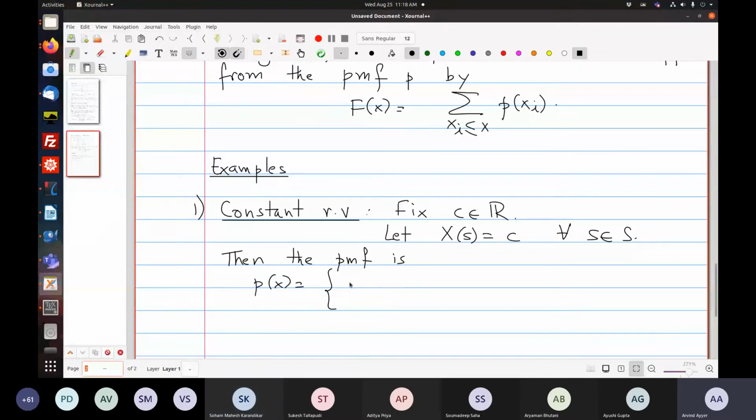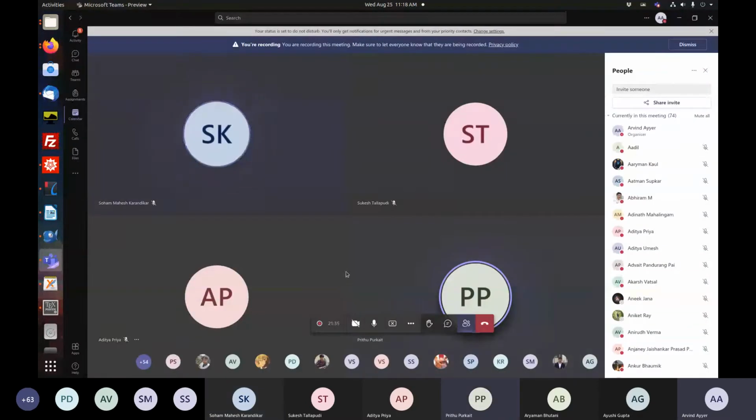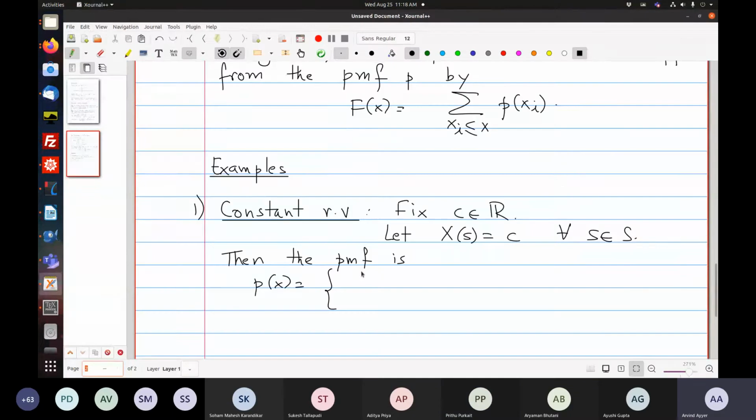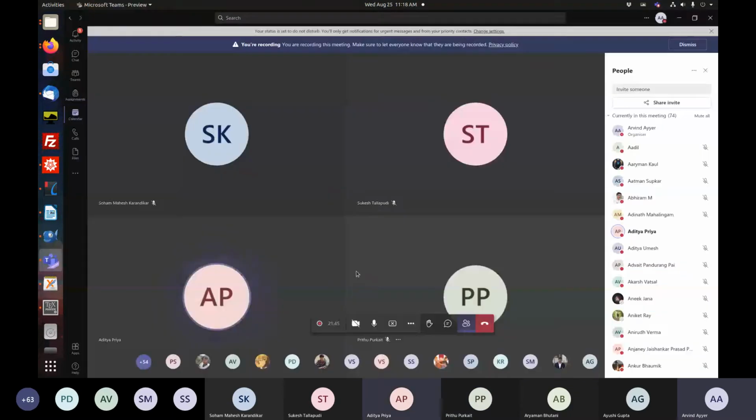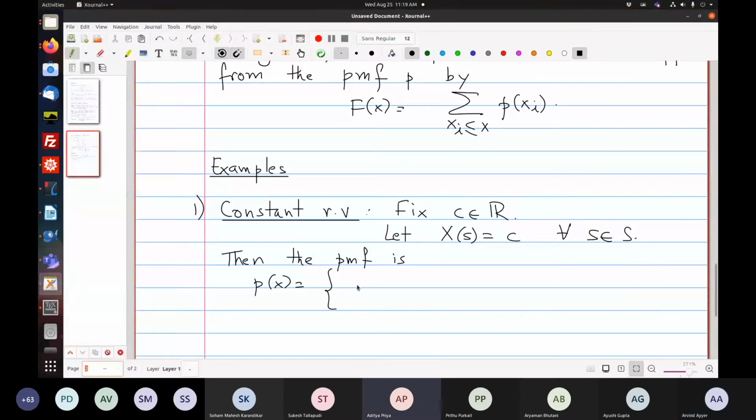It will be the Dirac delta at C. Yeah, but Dirac delta is not a well-defined function. No, it's not the Dirac delta. Yes, Aditya? It will be 1 by the cardinality of the sample space.